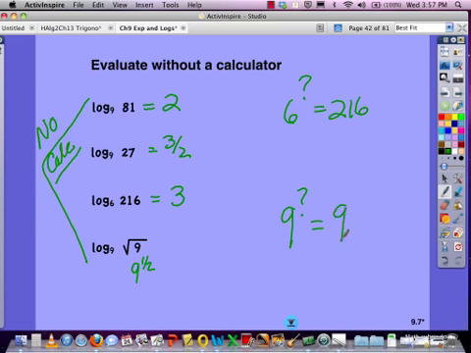So 9 to the what power equals 9 to the 1/2. Well, what you're noticing on this one is I have like bases. So it's sort of like one of those, duh, look at what you have. If this is your variable, x, you can see x equals 1/2.